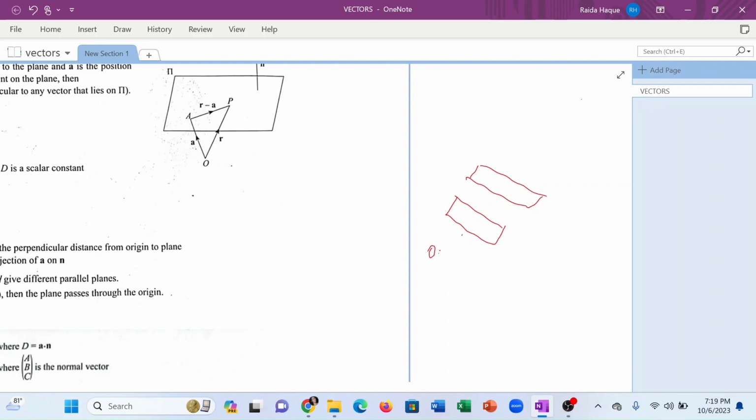If they are parallel, obviously they will have the same normal, the same direction. But what makes the two planes distinct from each other is their distance from the origin. So while this distance is d1, this distance is d2. So this is how we can describe our plane, right?